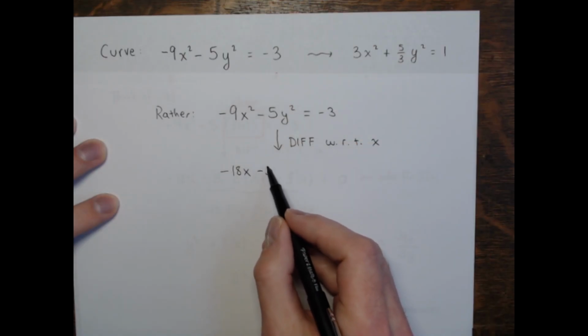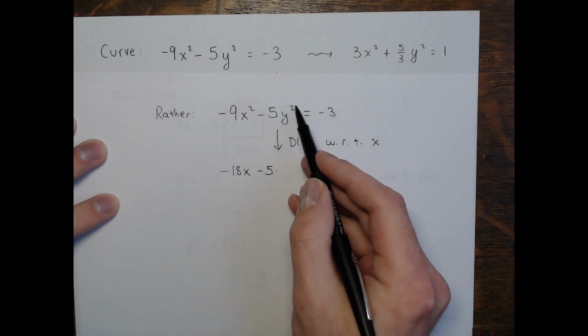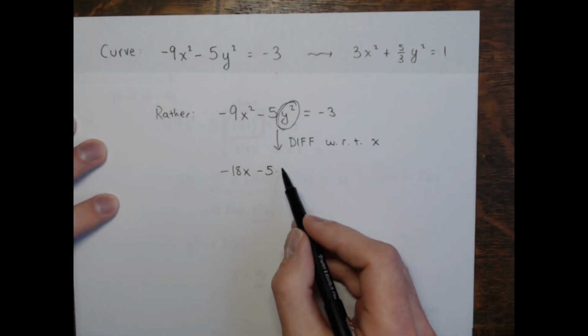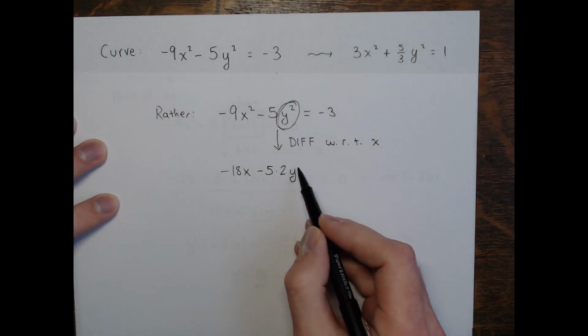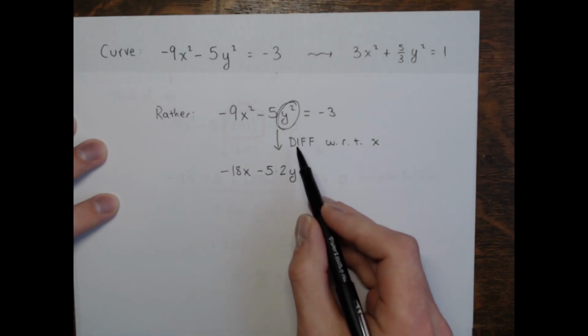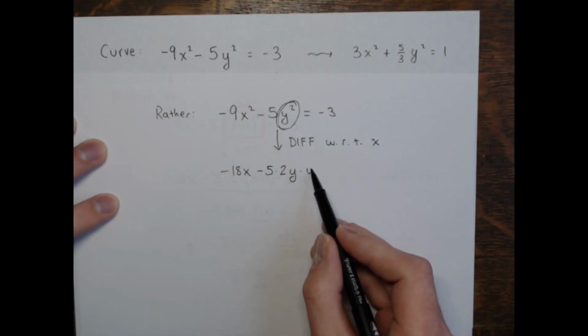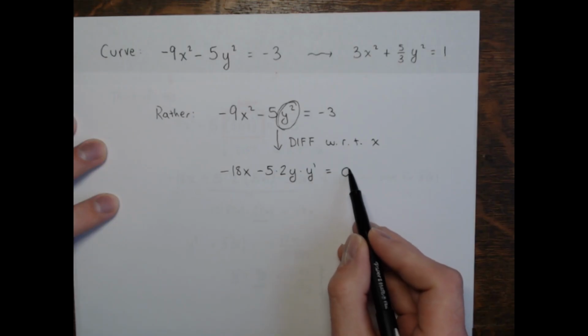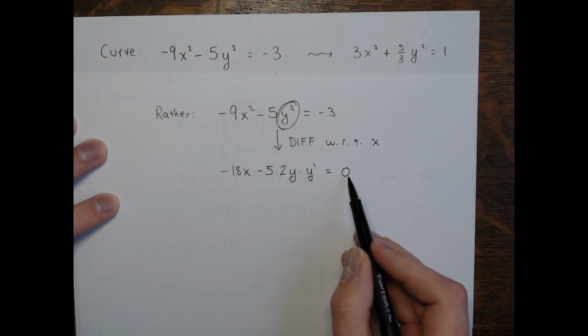So again, this will be -5 times, and the derivative of this y squared term would be 2 times y to the first, but then times the derivative of the expression inside, so y prime, and then equals 0. Again, the derivative of a constant on the other side.